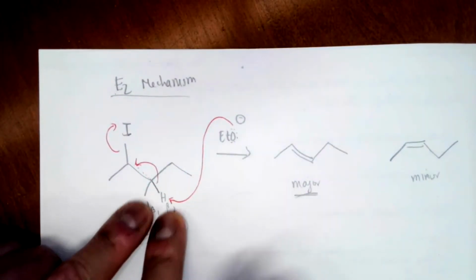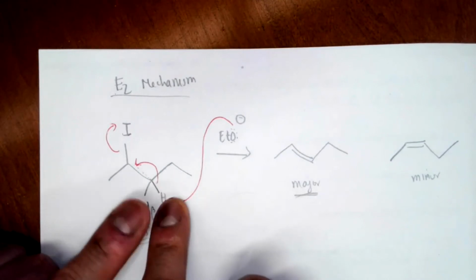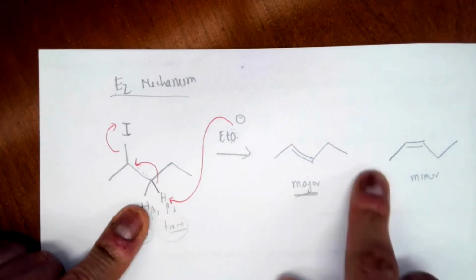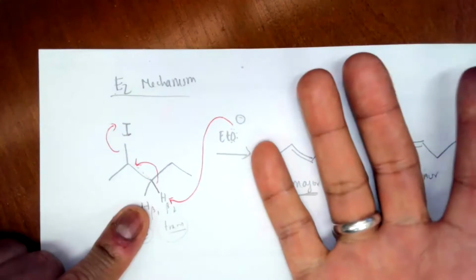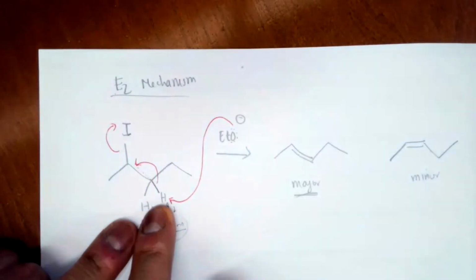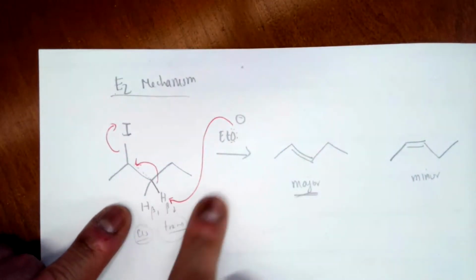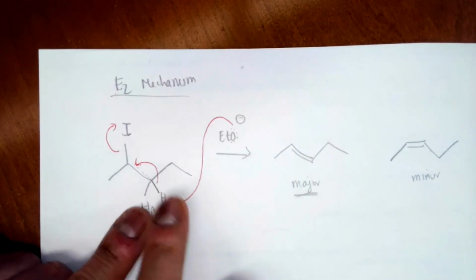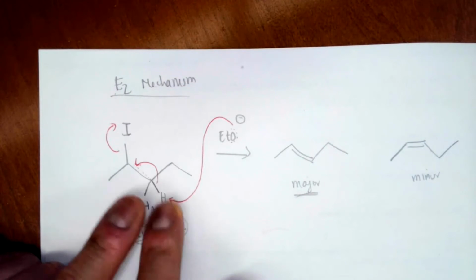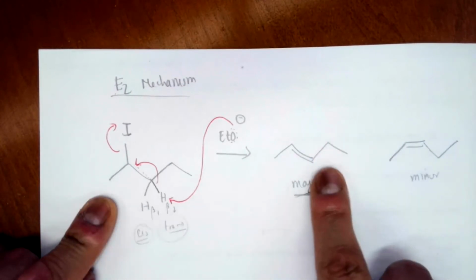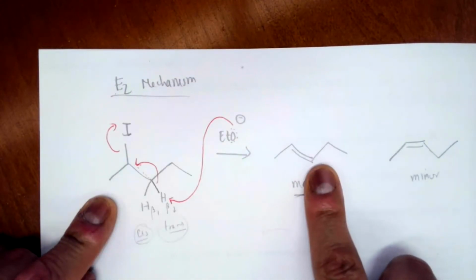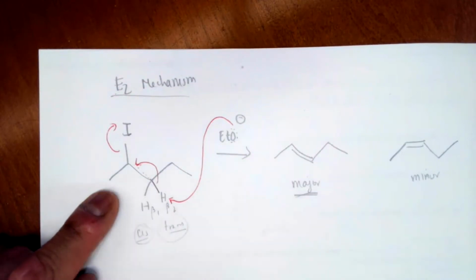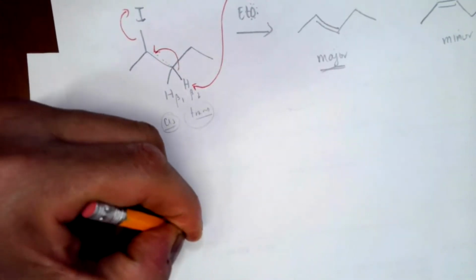So why do I need to spend time figuring out which one is cis and which one is trans, if I know that my major is always going to be trans? So whenever you do an elimination mechanism on a carbon that has two beta hydrogens, just write the trans product. Don't spend time.